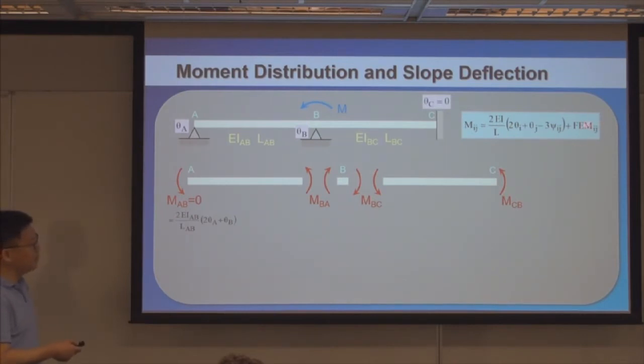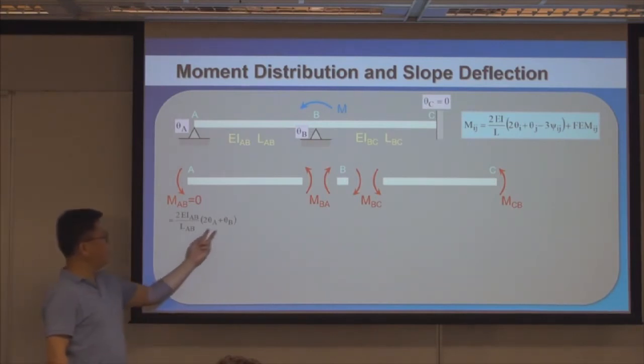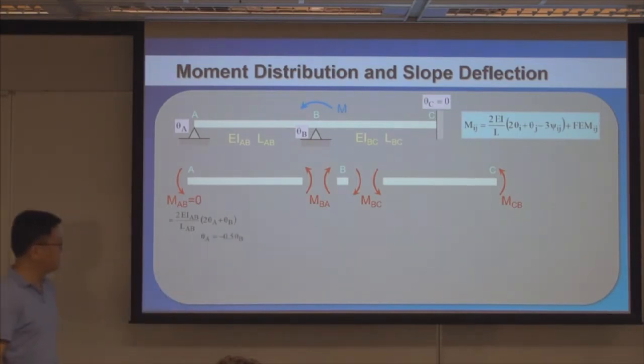Now this is a fixed end moment, which accounts for the external loads acting on the components. In this case, we don't have external loads acting on the components, so the fixed end moments are all equal to 0. So here is the MAB expression related to degrees of freedom. It turns out that it's equal to 0, indicating that there must be some relationship between rotation angles theta A and theta B, in order to force it back to 0.